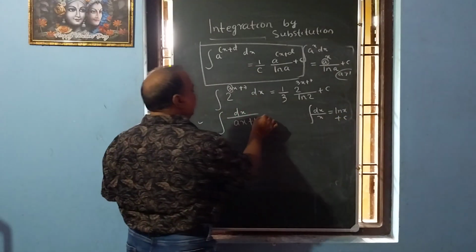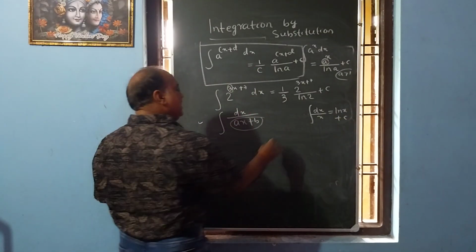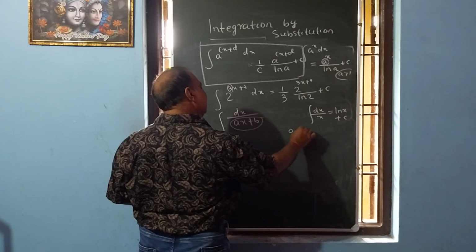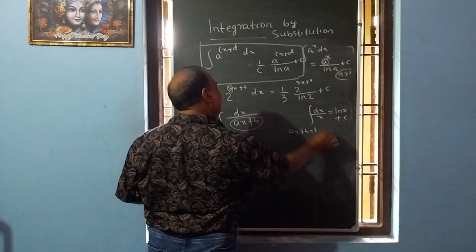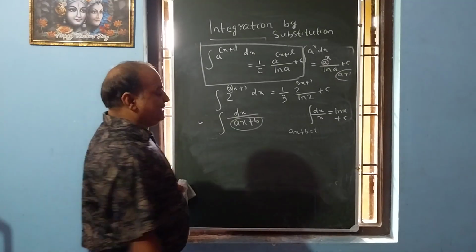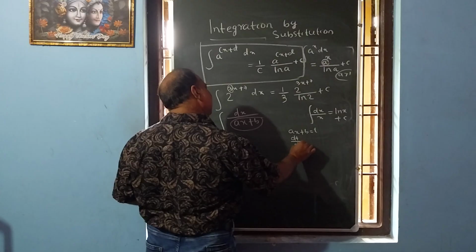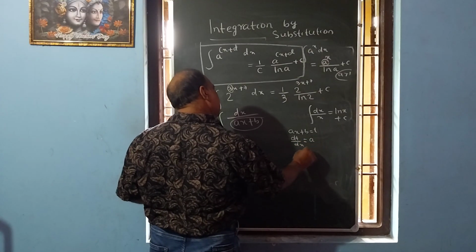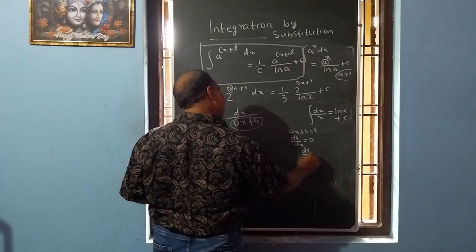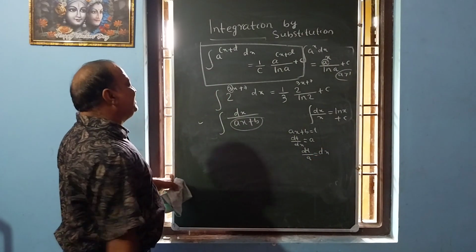But today, in place of x, it is ax plus b. So you take ax plus b as t. Then differentiating on both sides with respect to x, we get dt by dx is equal to a. So dt by a is equal to dx. So it will be changed.